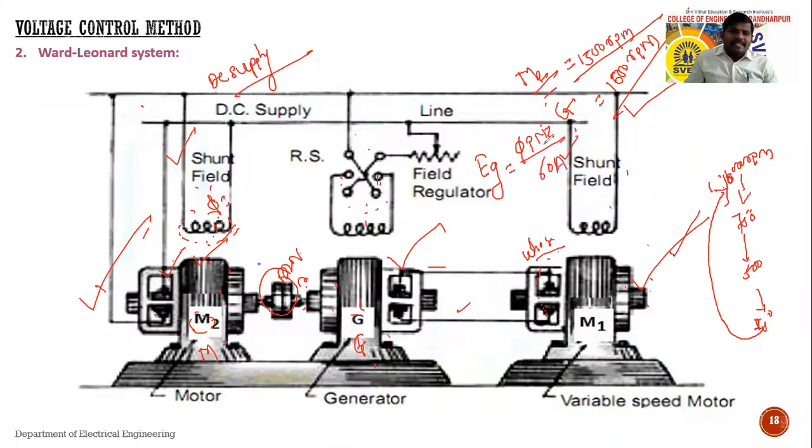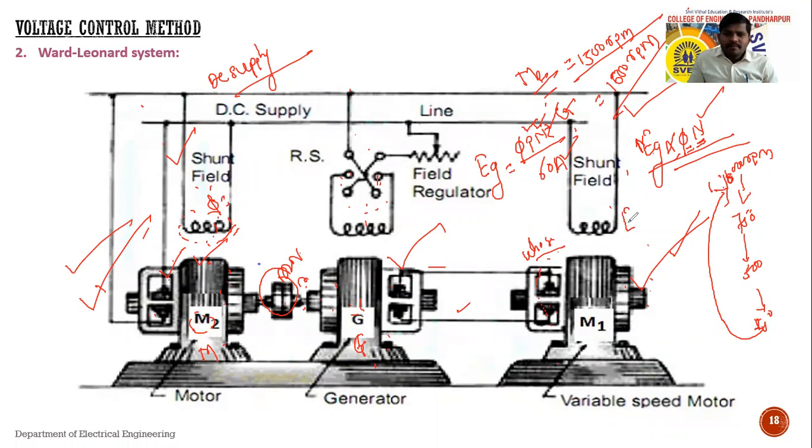Now this A is constant, total number of conductor is constant, P is constant, so Eg, it is directly proportional to phi into N. Easy, it is directly proportional to phi into N. That means generated EMF, it depends upon flux and speed of generator. Again, the speed of generator, it is constant. Generator's speed constant है because motor, it is run on constant speed. Motor constant speed ने run होते, right?